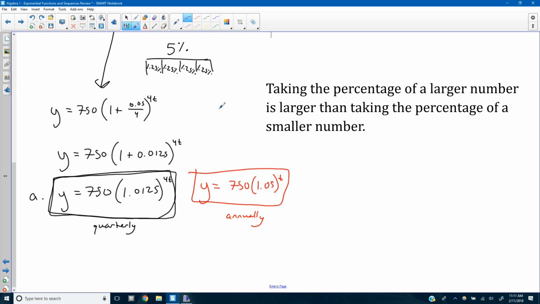The difference between those numbers would still be 20. But here, if I take 20% of 100 versus 20% of 20, 20% of 20 is the number 4. 20% of 100 is the number 20. 20 is larger than 4.